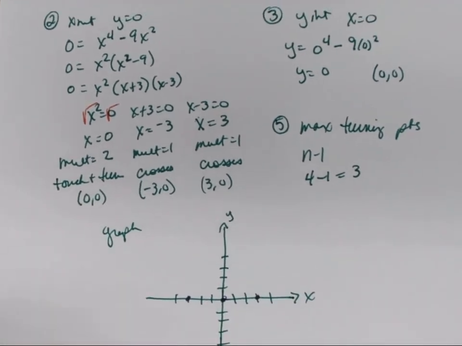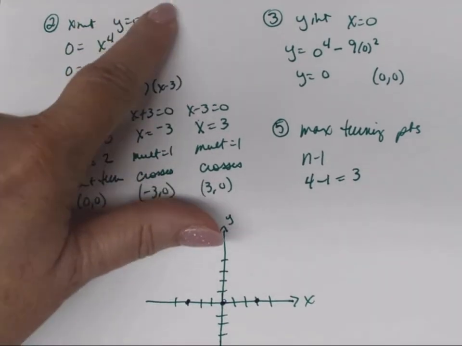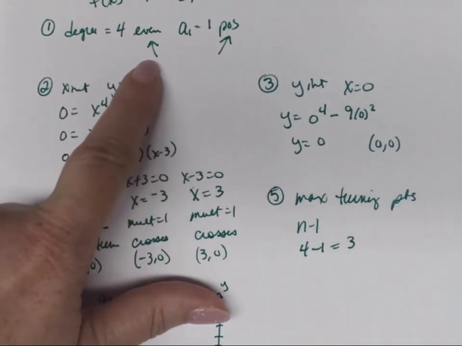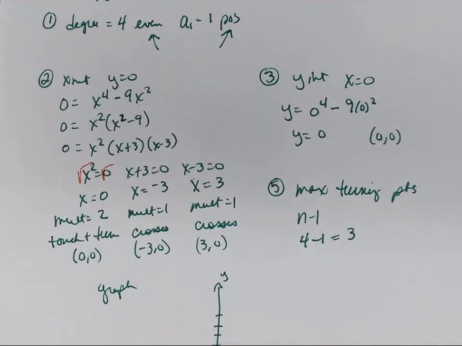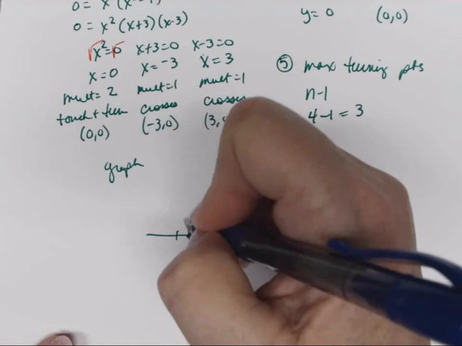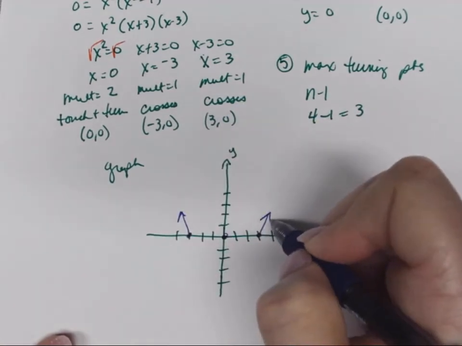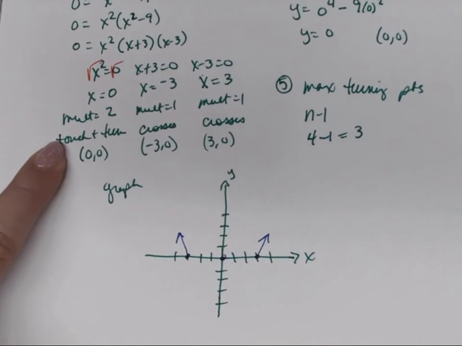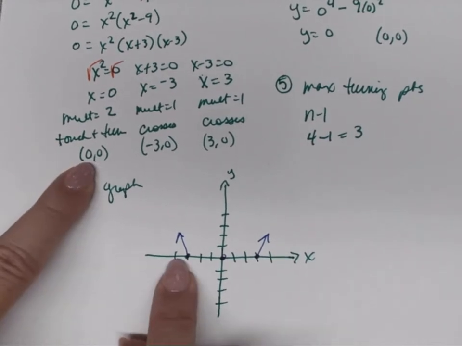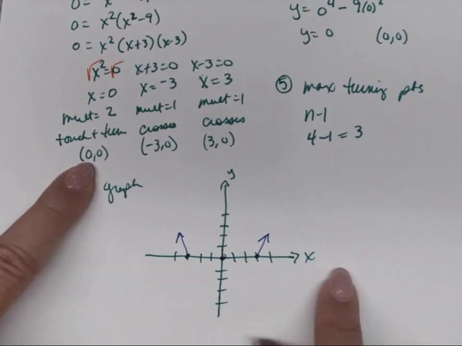Now, if we look at those 3 dots, we're like, how do we graph it? I don't know which way it goes. This is where we go back to step 1. We figured out at least that our graph should go like this. So we can draw the arrow here, draw the arrow here. But now what do we do? Well, this is where we look at what happens. Let's start from the left and go to the right.